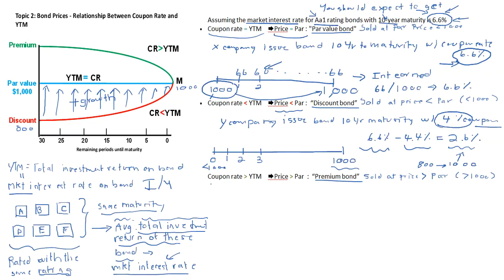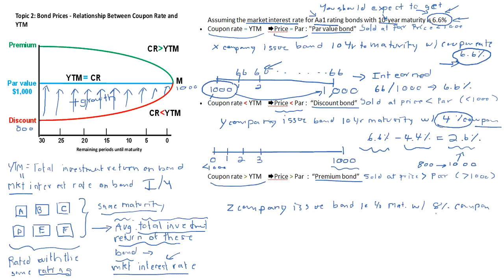And the last one, the premium bond. Let's assume another company, C company, issues a bond, again 10-year maturity, with an 8% coupon.